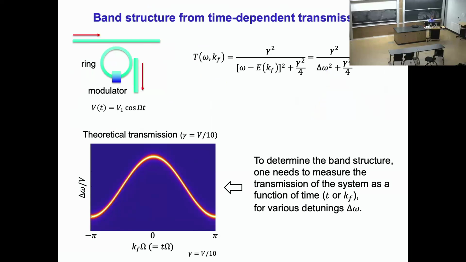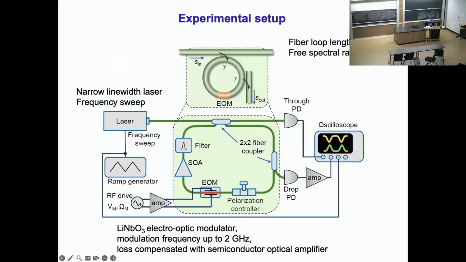In particular, you can take a laser, and then there's a modulator here so that the transmission varies as a function of time. For each frequency, you can take out the transmission as a function of time, then you vary the laser frequency, and you will get a two-dimensional diagram that looks like this, and that should give you a measure of the band structure of the system. So Avik came to my group to initiate this experiment. What he did is he made a fiber loop.